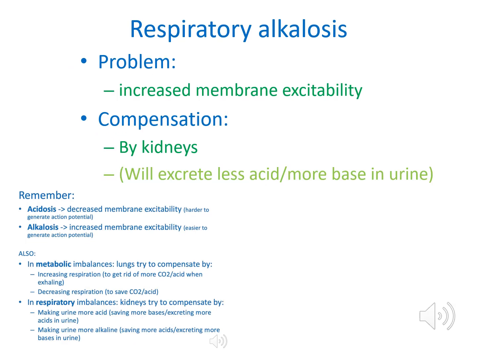Our last imbalance is respiratory alkalosis. And respiratory alkalosis is usually caused when people hyperventilate. Because when people breathe faster and deeper, they're getting rid of more carbon dioxide, meaning they're getting rid of more carbonic acid, and so they tend to become more alkaline.